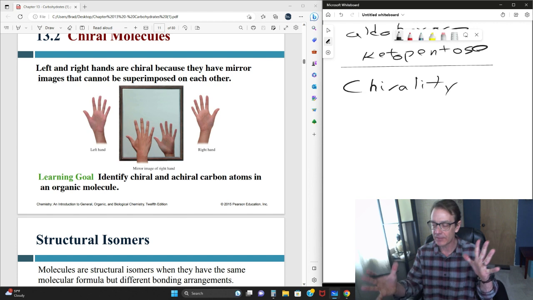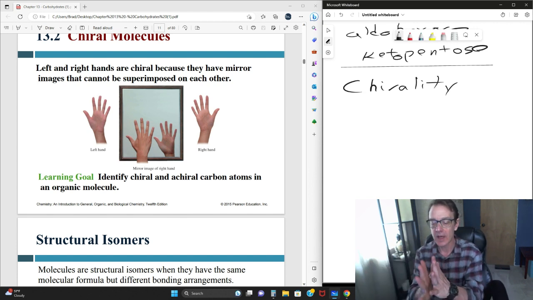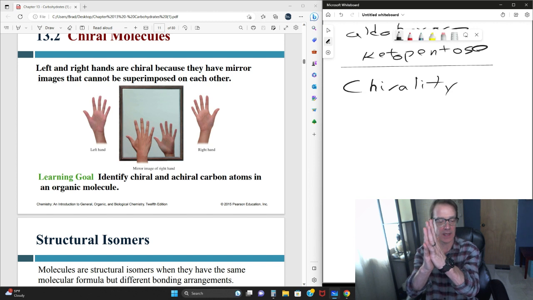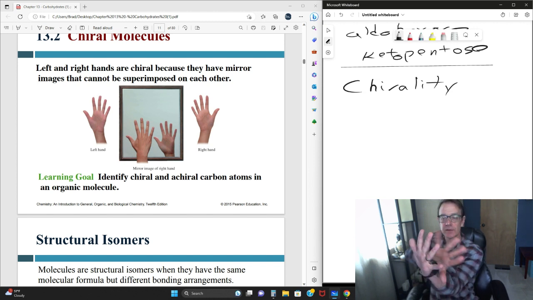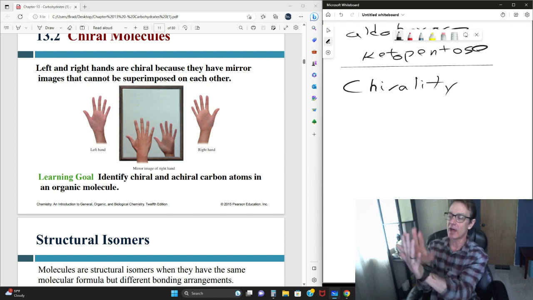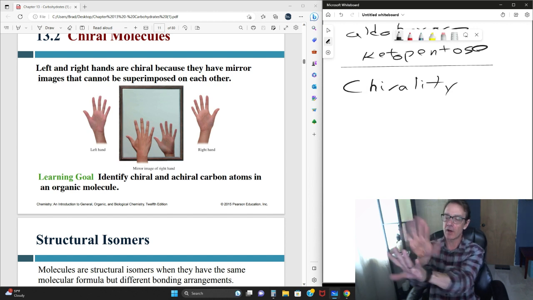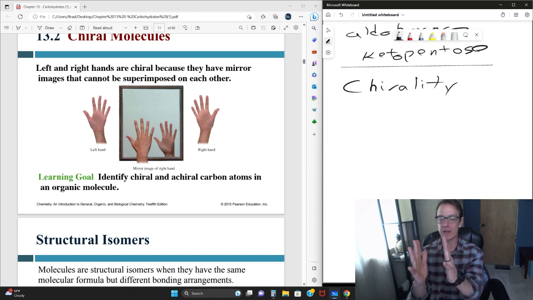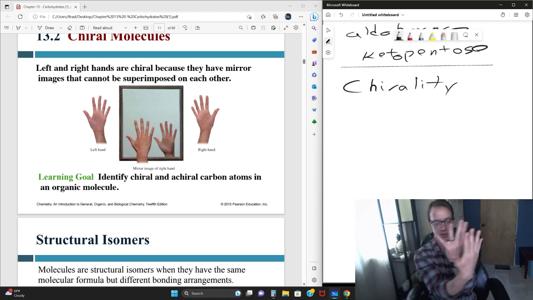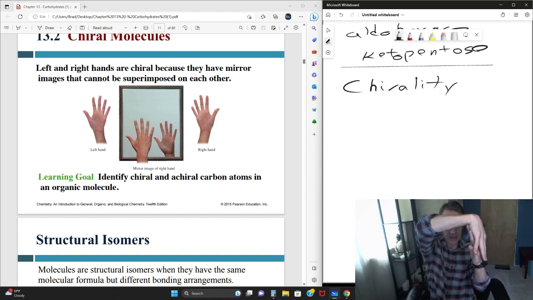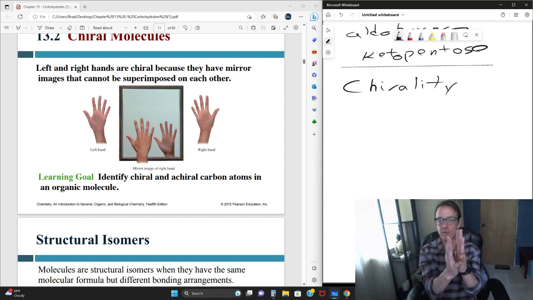I mean, like your left hand and your right hand are chiral because you can't superimpose your hands on top of each other. Your thumb is always in the wrong place. If you take the mirror image and try and get it to go on there, it won't fit.